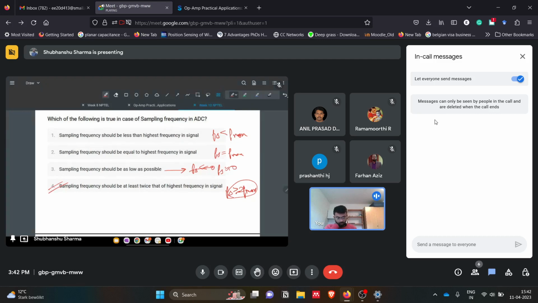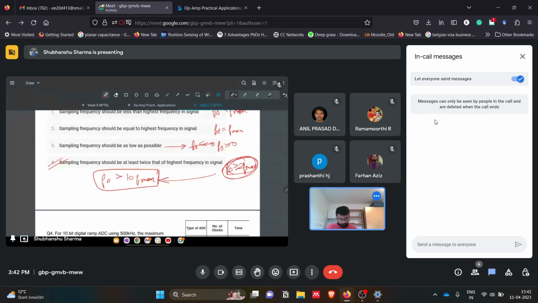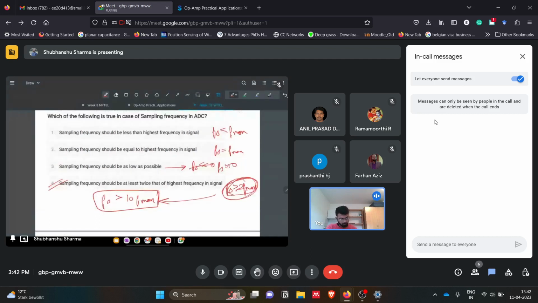There is one more criterion, but when you use systems practically, go with Fs greater than 10 times Fmax. At least 10 times Fmax will help you in generating your signal more faithfully. Instead of this, go with this. So this is also okay.